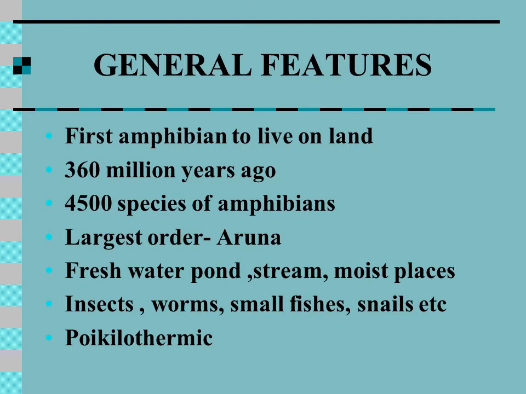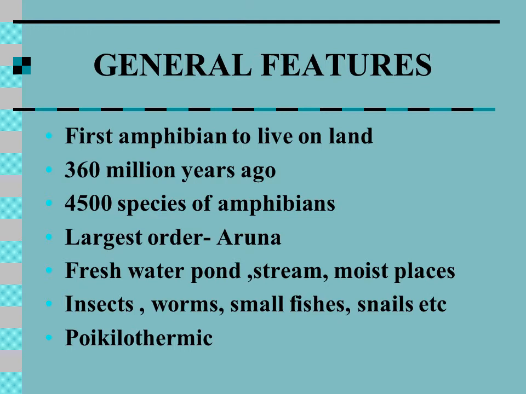The first point regarding the frog: of course everyone knows it is an amphibian, right? What do you mean by amphibian? It could survive inside water as well as on the land. Those varieties of animals we say belong to the class Amphibia.